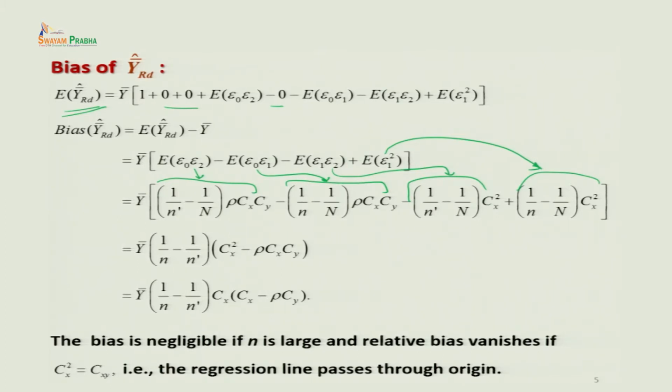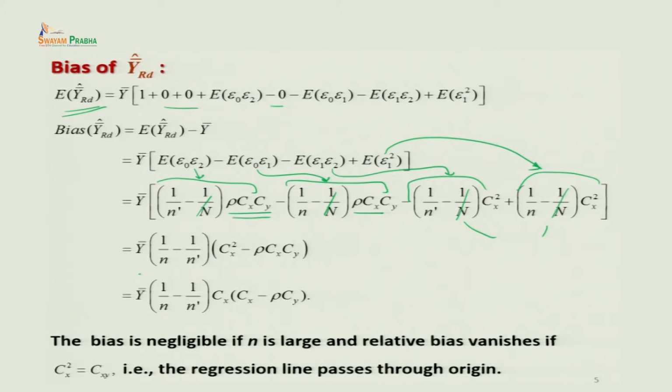Now, you can very easily solve it. Just try to combine this and this together, and this together. So, you can see this term gets canceled out, and here also this term and this term get canceled out.